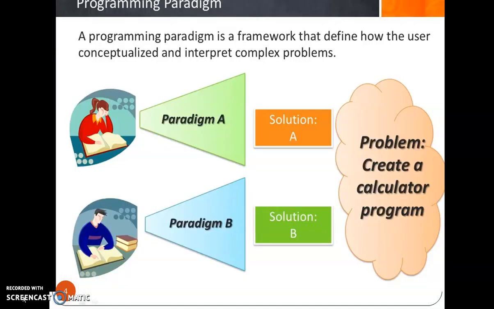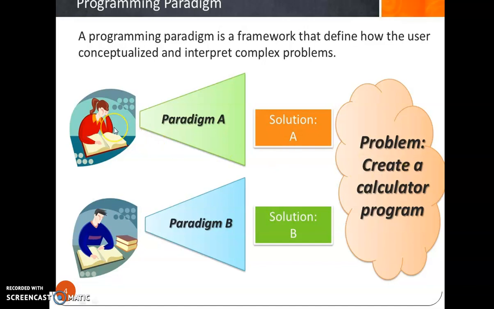Let's see the object-oriented programming concepts. In this, we are going to see what is meant by programming paradigm. It's a framework that defines how the user is going to interpret or understand complex problems and arrive at some solution. For example, the problem given to the user is to write a program for a scientific calculator.